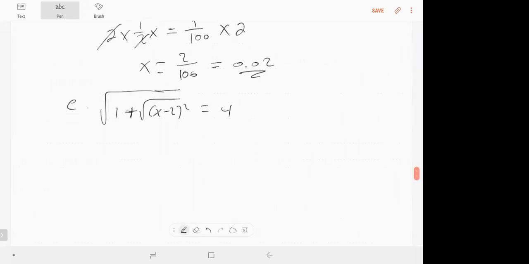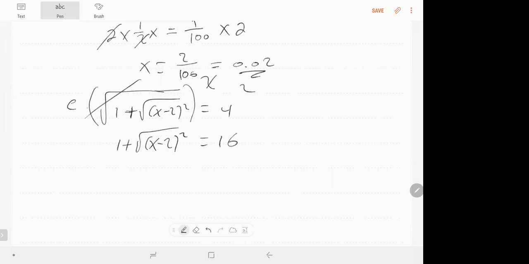Once you understand the procedure, we take the square of both sides. The outer square root is canceled, and it doesn't affect the inside. So what is left: 1 plus the square root of x minus 2, squared, is equal to 16. When you transfer this number to this side, the square root of x minus 2, squared, is equal to 15.